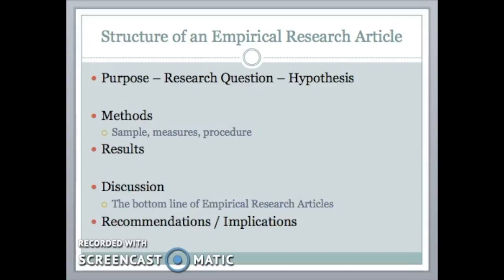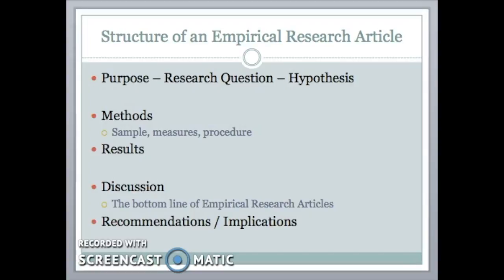Or, if we already know there's a link, what is the connection between eating red meat and getting cancer? Or, to what extent does eating red meat cause cancer? How much red meat do we have to eat in order to get cancer? So the research question will be asked as a question. The purpose is based on a verb.